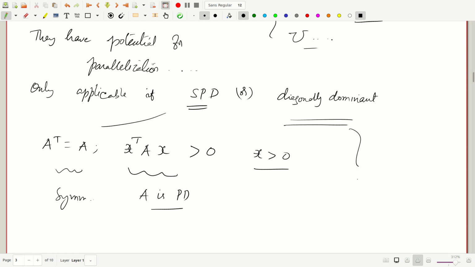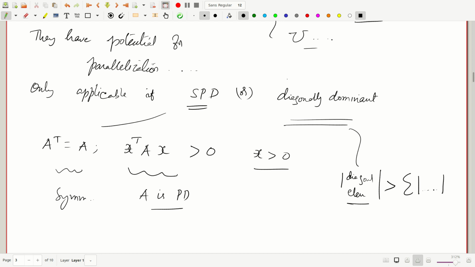Okay, now diagonally dominant is just a different term for this. In diagonal dominance, what we say is that the absolute value of the diagonal element should be greater than the sum of all the other values in that row. Then that matrix is called a diagonally dominant matrix.